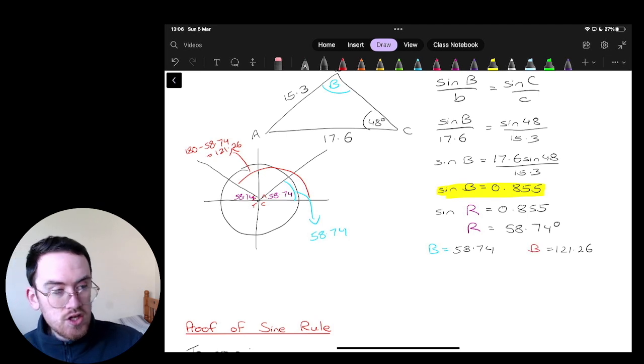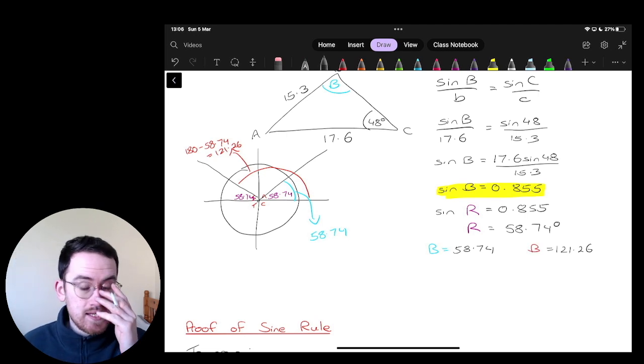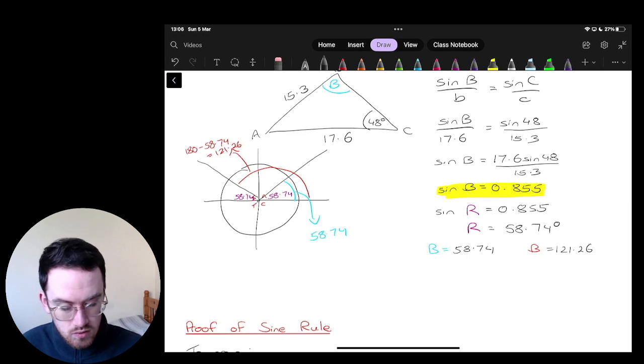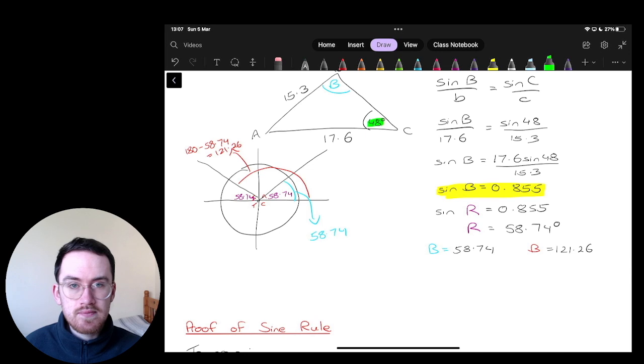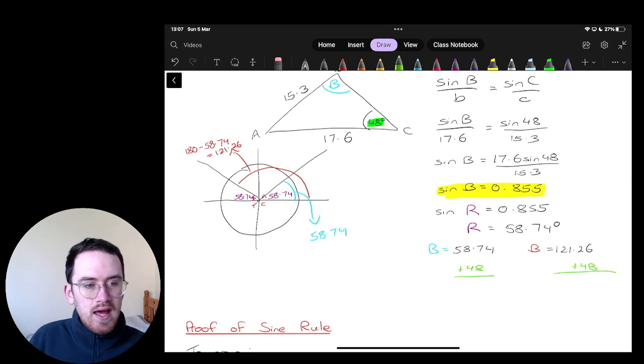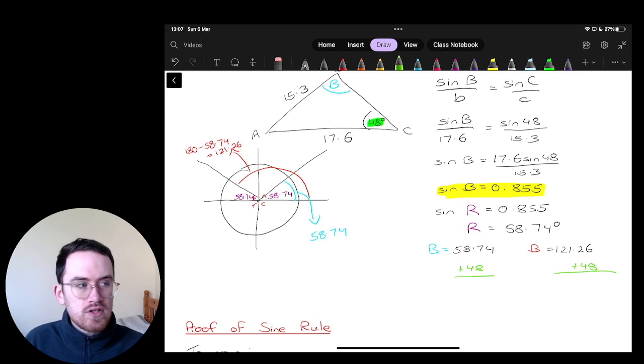Okay. So let's check and see, does that make sense for the question that we have? The only other angle we have in this question so far is the 48 degrees. If I add 48 degrees to both of these angles, do I still have an answer below 180 degrees? Because we know our triangle can only have a total of 180 degrees.